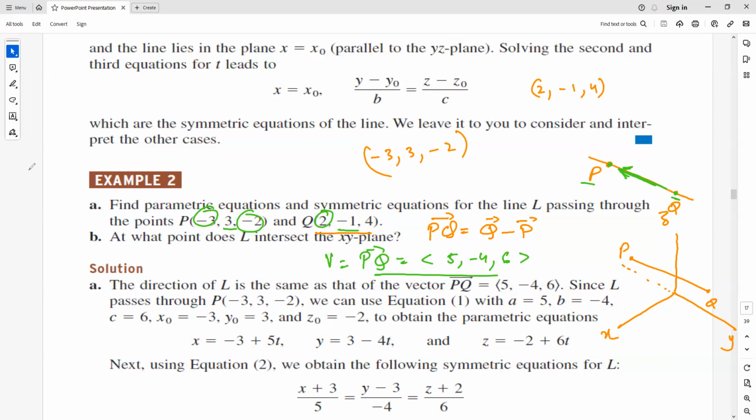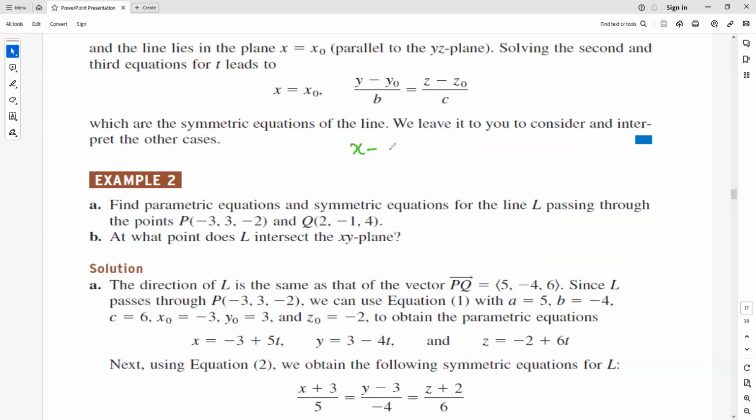And by using the parametric representation that we already did in the previous question, x minus x naught equals at, y minus y naught equals bt, and z minus z naught equals ct. So let's consider P as the point. So P is -3, 3, -2. We can also choose Q. It's up to you, because both the points are on the line, right?